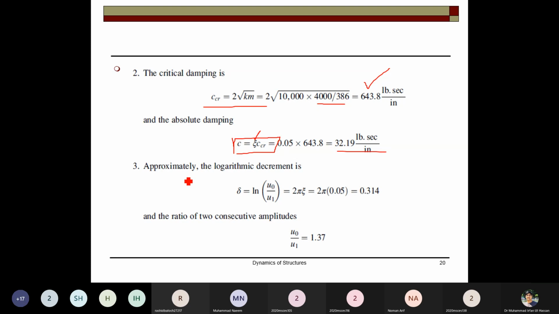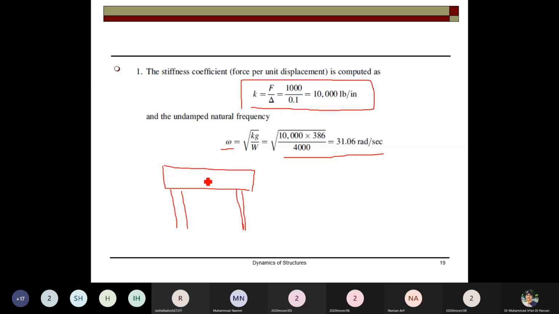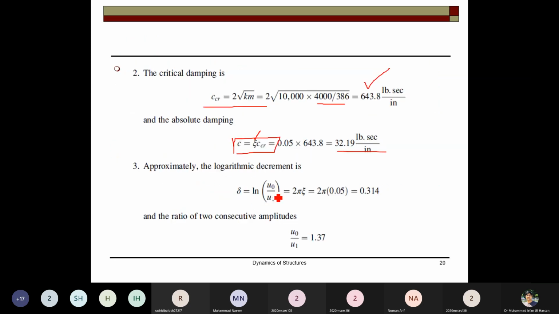Now we can compute the logarithmic decrement, because the question asks how much the successive amplitude ratio is. So delta is the log of the first vibration to the next vibration, equal to 2 pi zeta over the square root of 1 minus zeta squared.